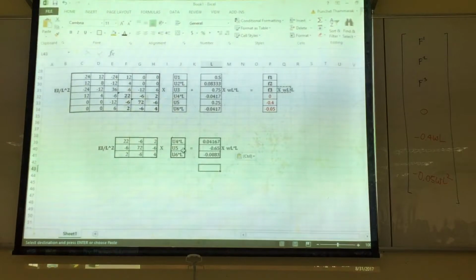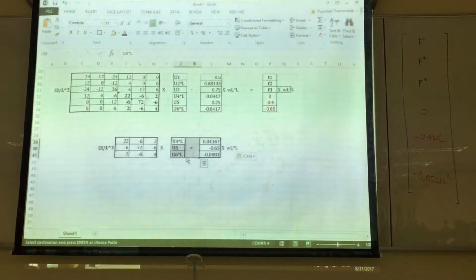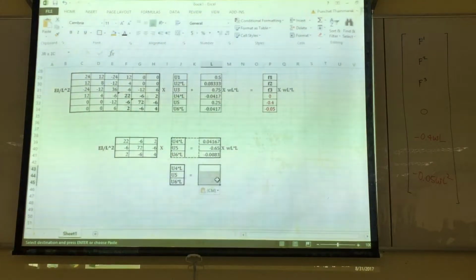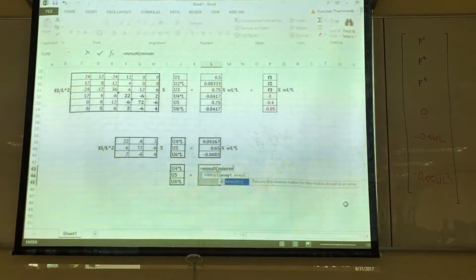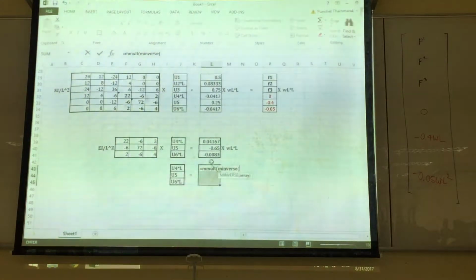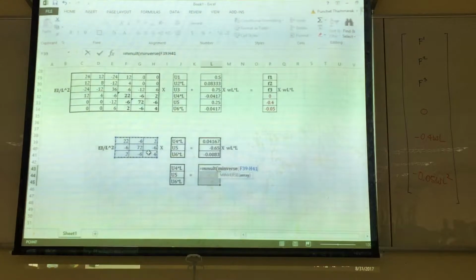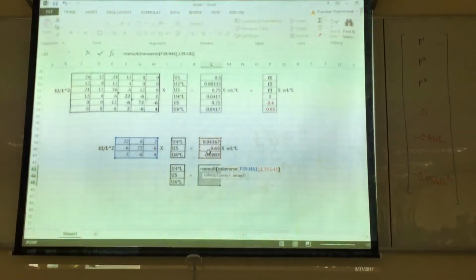So you want to calculate this, which is equals to MMULT, matrix multiplication of M inverse, this matrix, and then you multiply to this matrix to close the bracket.